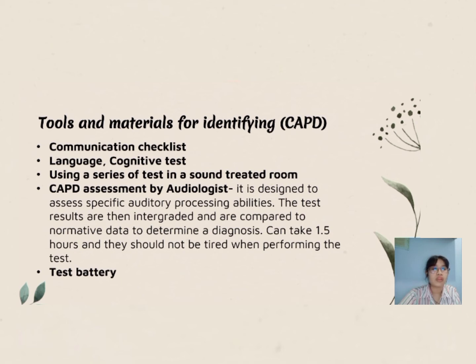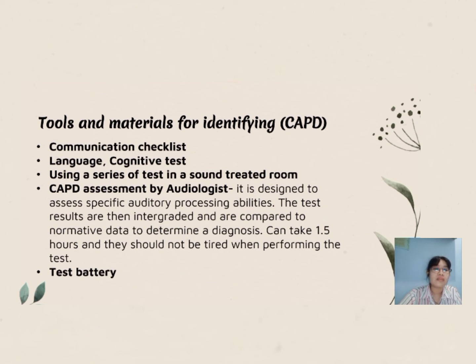The test results are then integrated and compared to normative data to determine a diagnosis. It can take 1.5 hours and they should not be tired when performing the test, so they need to sleep before taking this CAPD test by the audiologist.